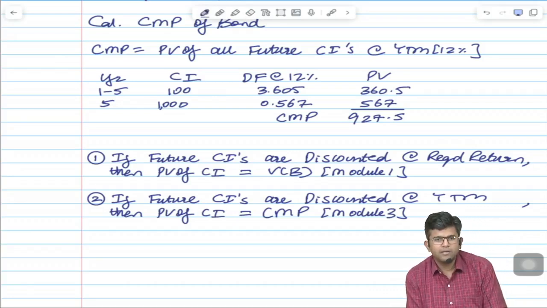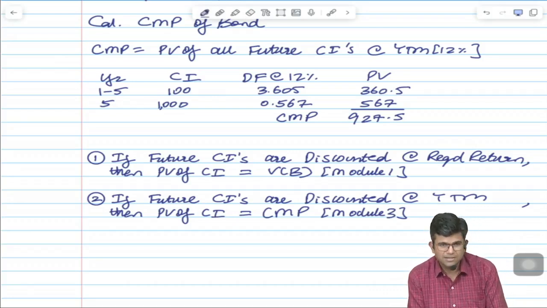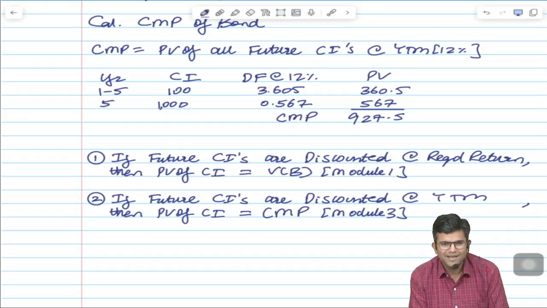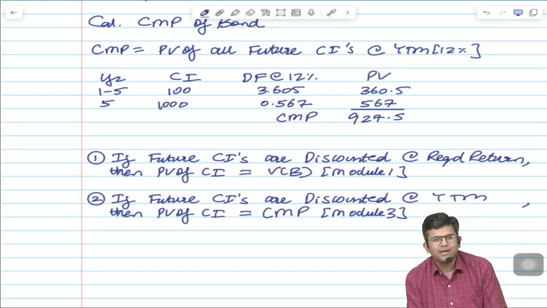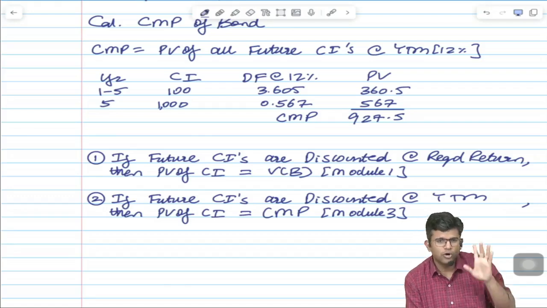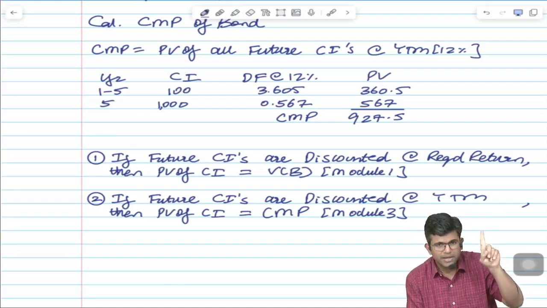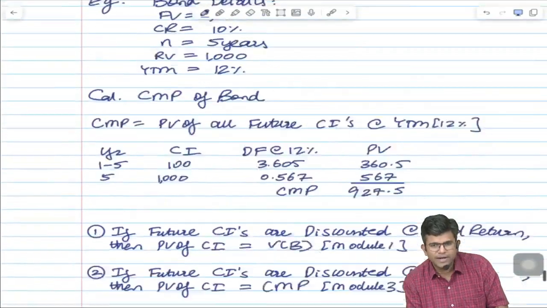But then one can ask, sir, how? Understood the question? How, or you might say why? We understood module 1 logic, but in module 3 we are not understanding the logic, though we understood how to do it. That is very simple.